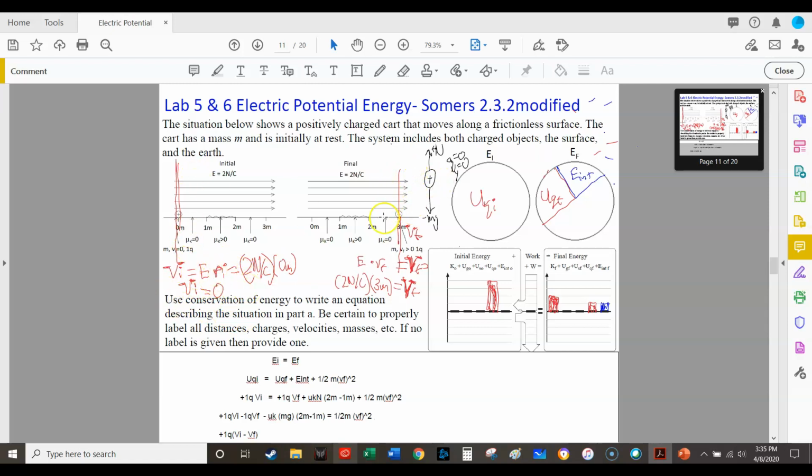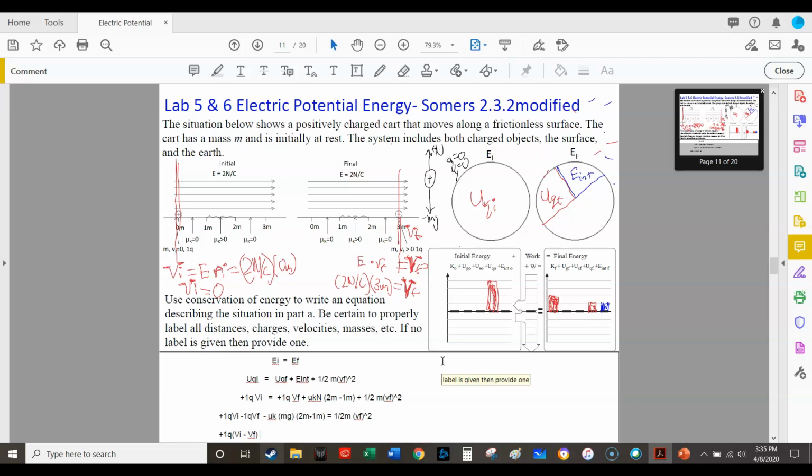And it was actually the change in energy that is causing it to move. And it's a change in voltage, okay? And so that's being illustrated from here, okay? Where V final is going to be 6 Newton meters per Coulomb, and V initial will be 0. It's actually the change in voltage, okay?